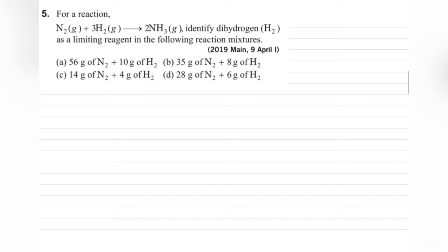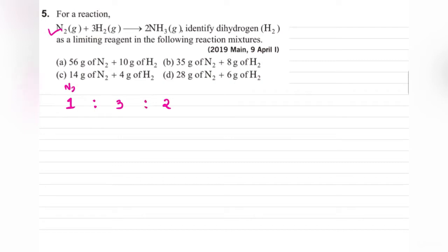First of all, we should understand what is a limiting reagent. Limiting reagent is the reactant which runs out, is completely consumed first, that is what we call a limiting reagent. According to the reaction, 1 mole of nitrogen reacts with 3 moles of hydrogen and produces 2 moles of ammonia.